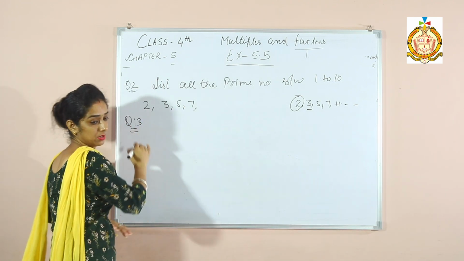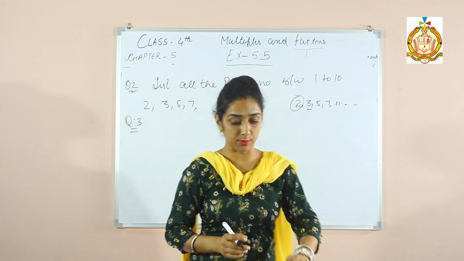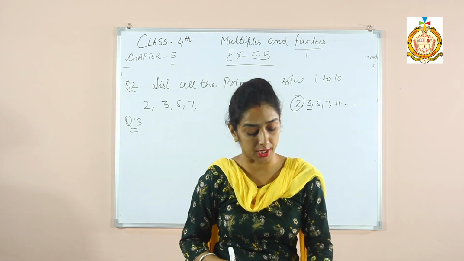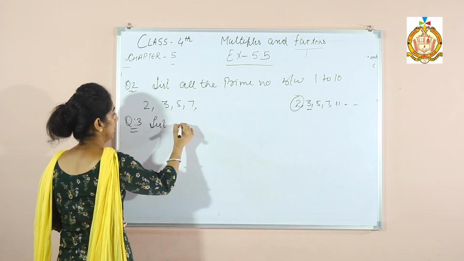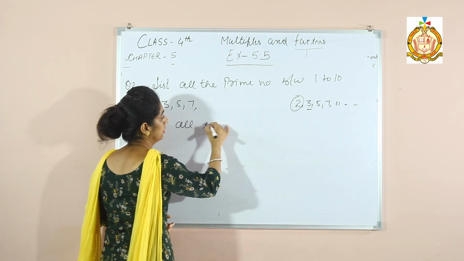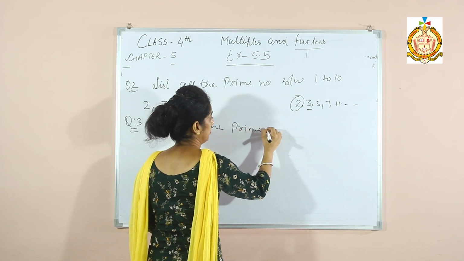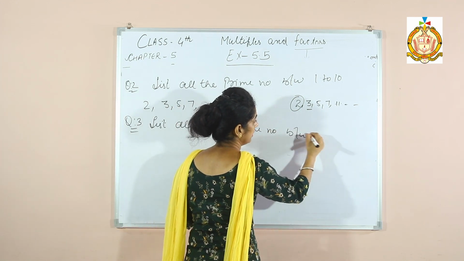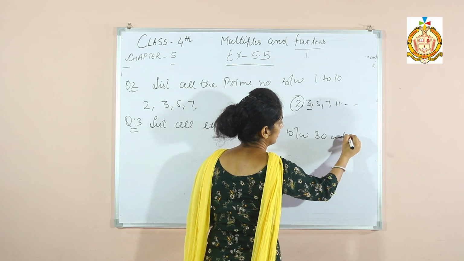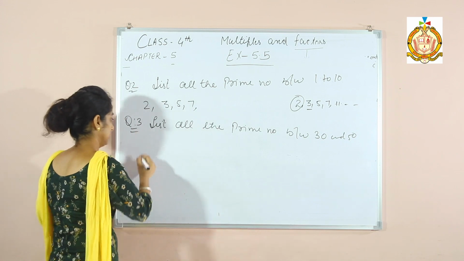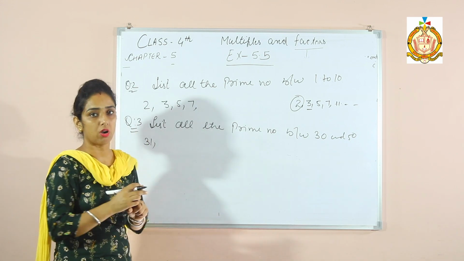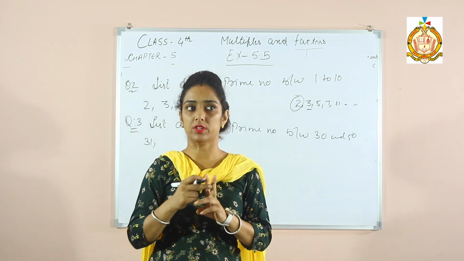Now see question number 3. List all the prime numbers between 30 and 50. Now see, 31 is a prime number, 32 is not, 33, 34, 35, 36 are not.